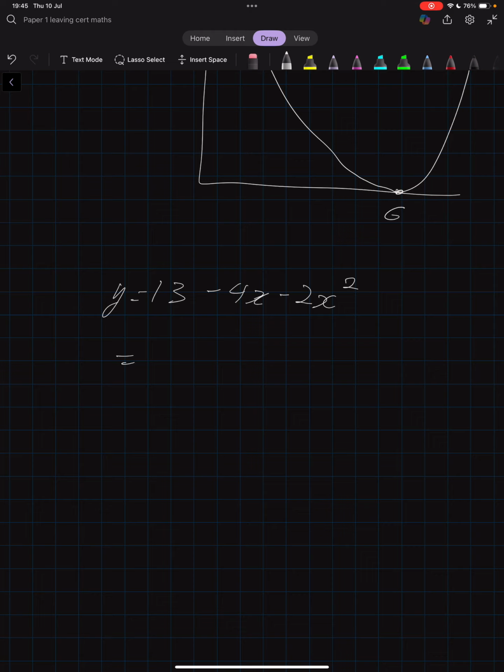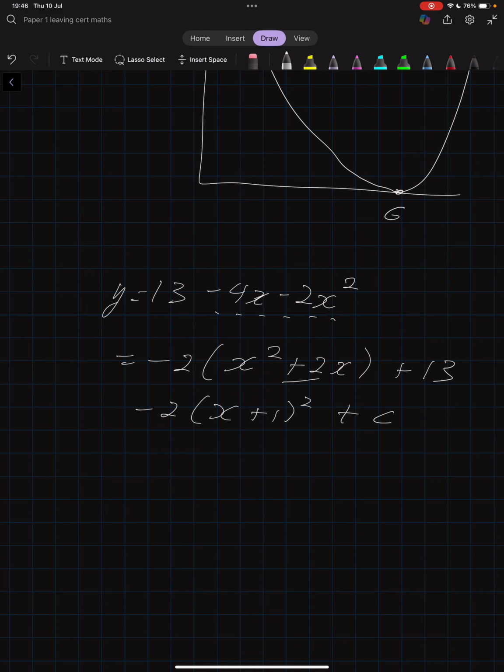So again, that equals, I'm going to take minus 2 out of these ones, and I get x squared plus 2x, plus 13 on the side. Again, this is equal to minus 2 into x. Again, you divide this by 2 and you get plus 1. You square it and then you add c.